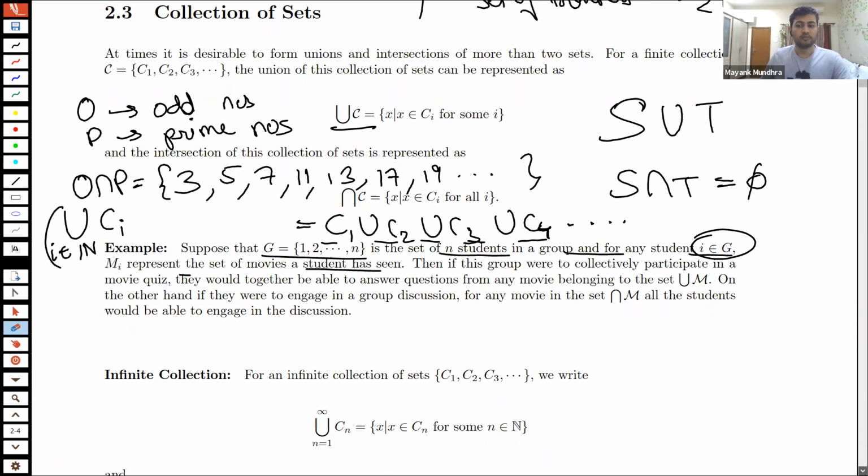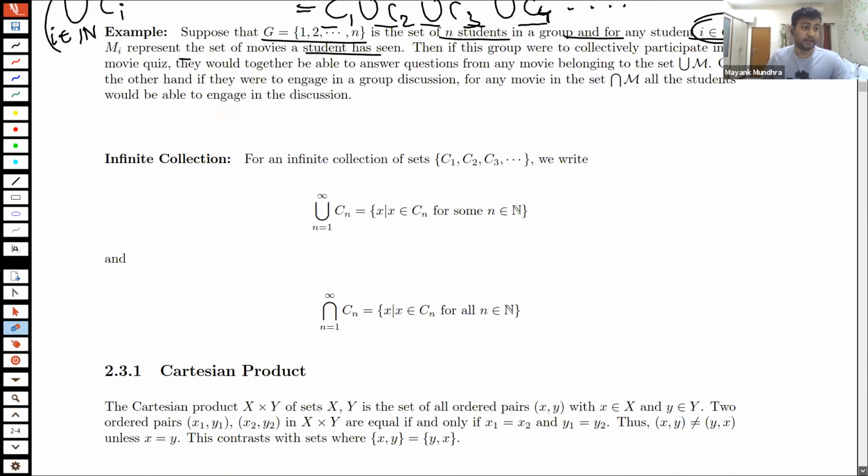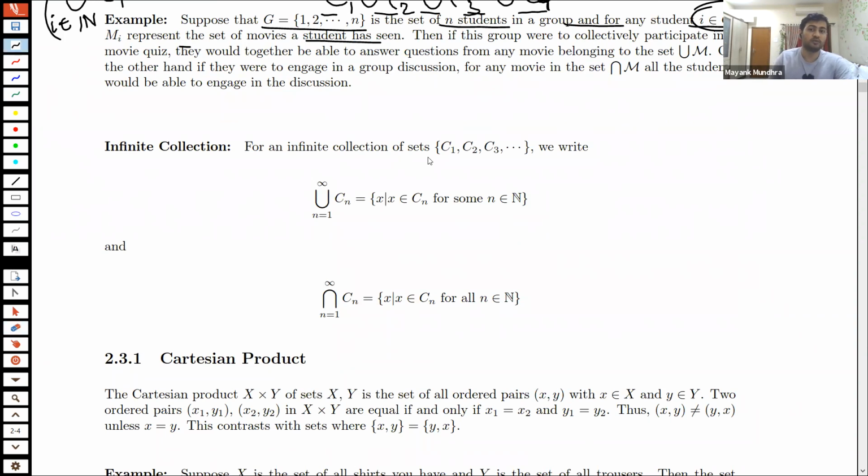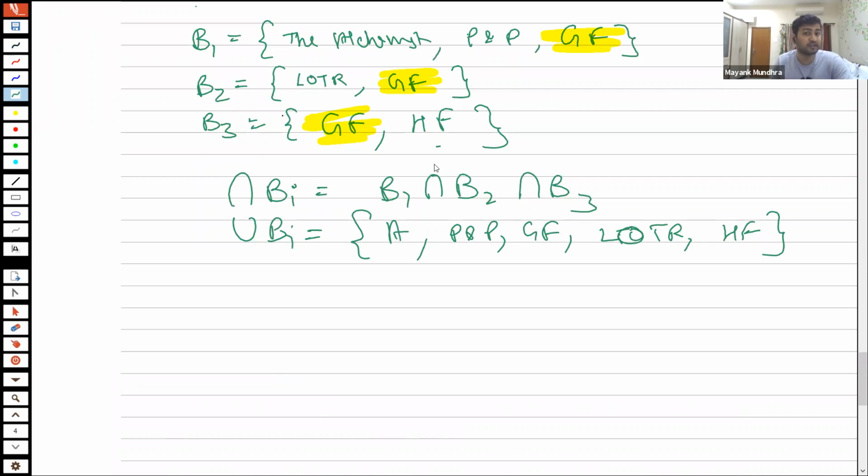All right, now this collection could even be infinite. This could go until infinity as well. So suppose we have an infinite number of stars, and we want to write the set of planets of each and every star. So let's say star one is the Sun.